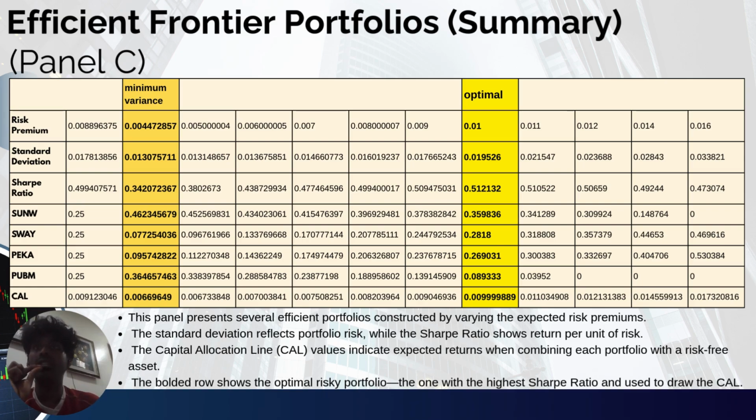Below that, you also see the capital allocation values, which show the expected return when combining this portfolio with the risky assets. For the optimal portfolio, the value is around 0.0099998889. Finally, the bolded row at the bottom confirms that this is the optimal risky portfolio used to draw the capital allocation line, in order to see the overall efficient frontier model.